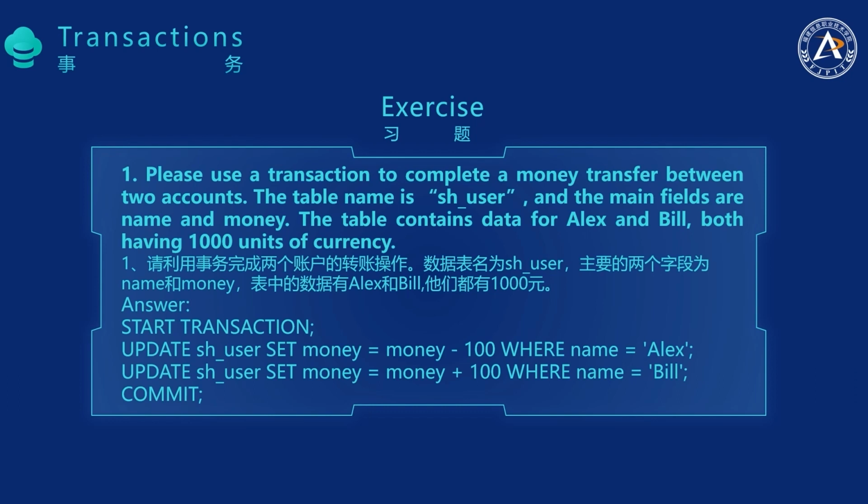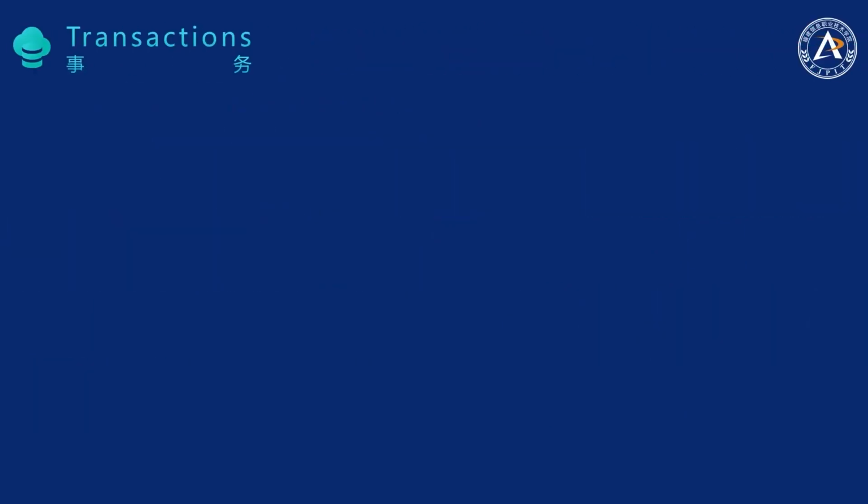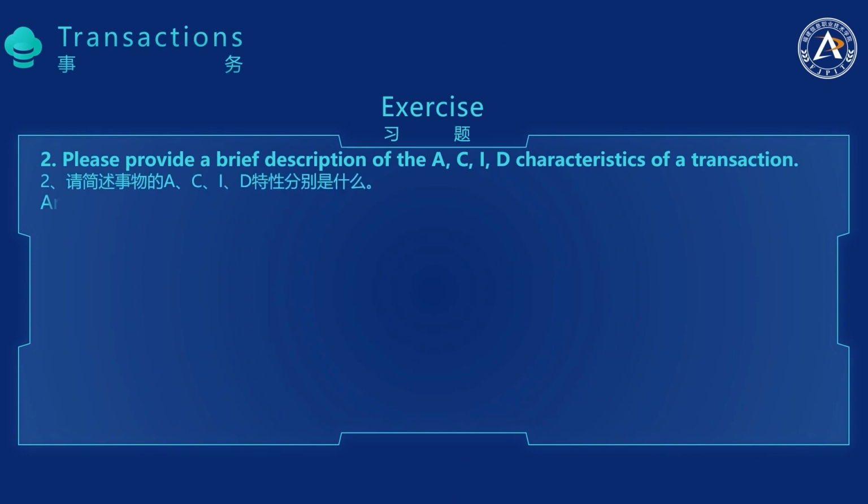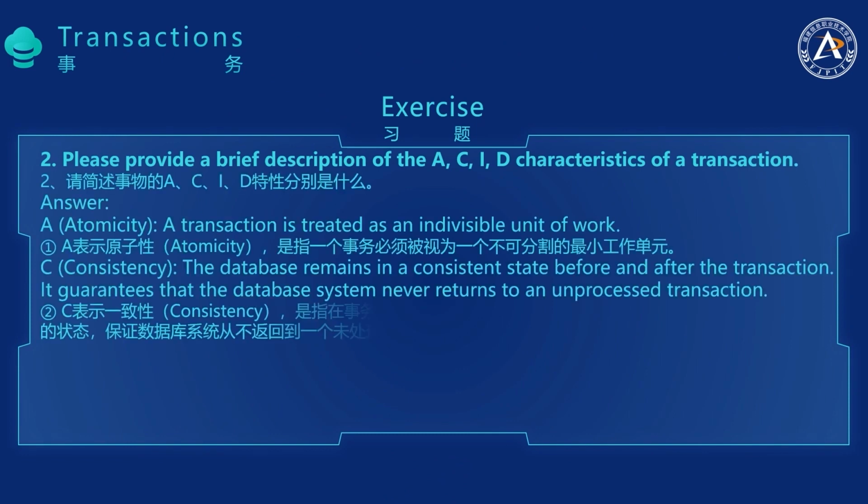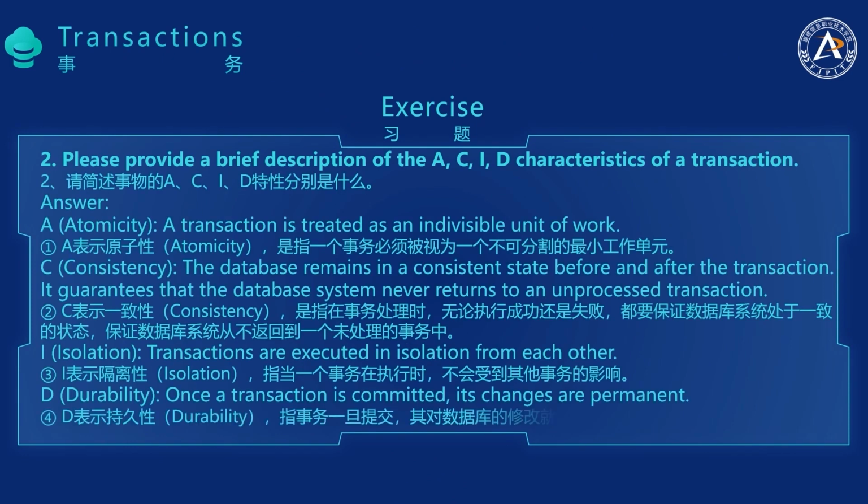Update sh_user set money equals money minus 100 where name equals Alex. Update sh_user set money equals money plus 100 where name equals Bill. Commit.